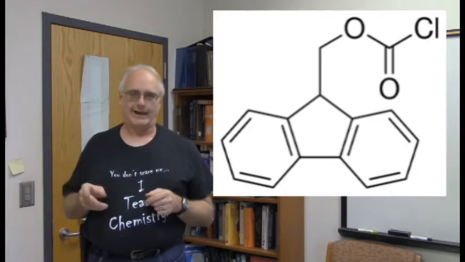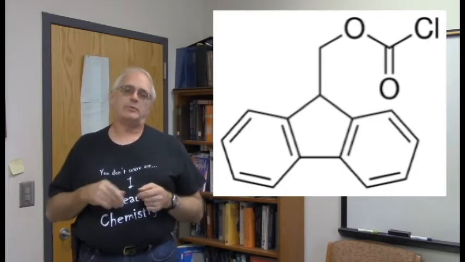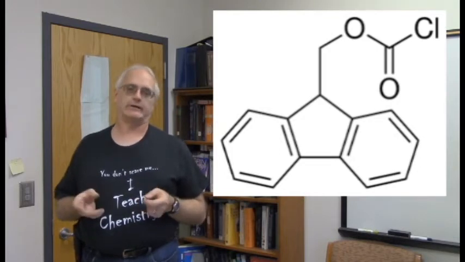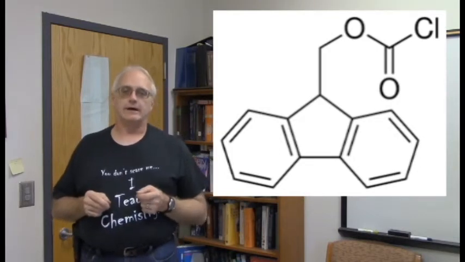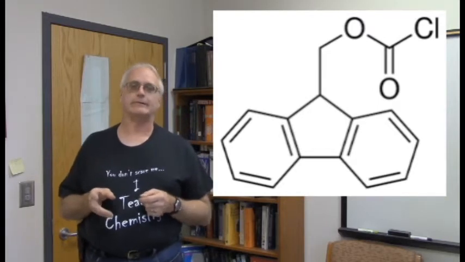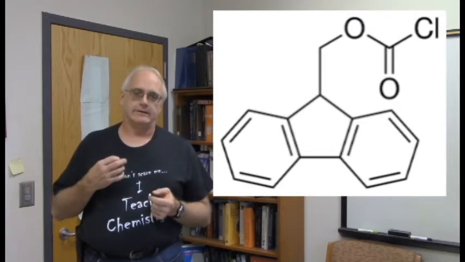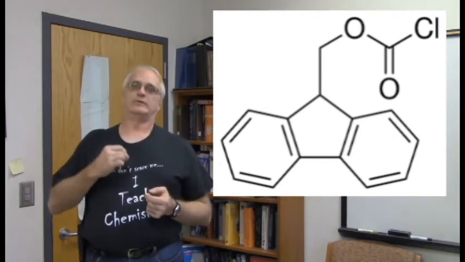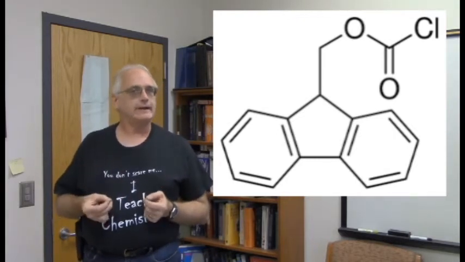I don't know. It's some organic name. Who cares? It seems to be a protecting group for an amino acid synthesis. I don't care what the biochemists use it for either. Their question was, did the FMOC we buy, was it FMOC? Was it clean? Did it have any contaminants in it?